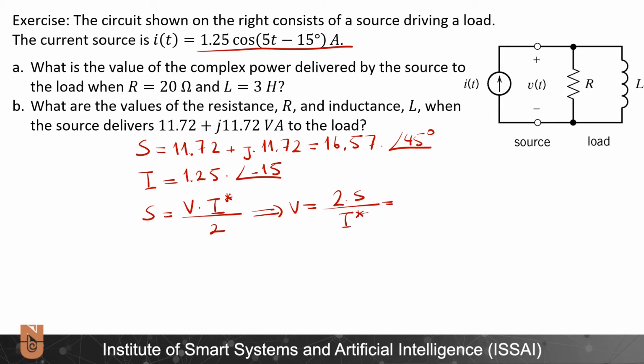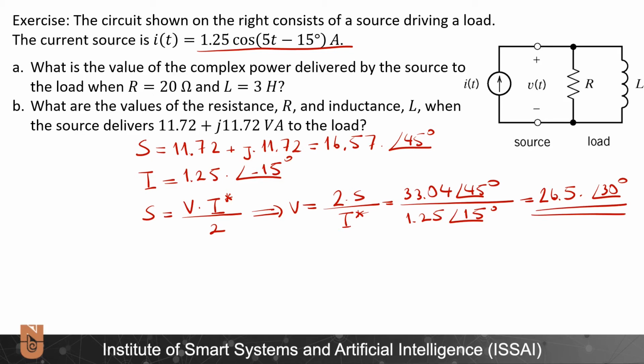This will be equal to 2 times 16.57 at an angle of 45 degrees, divided by 1.25, and the conjugate means that I need to make the −15 degrees plus 15 degrees. This will be equal to 26.5 with an angle of 45 minus 15, which is 30 degrees.